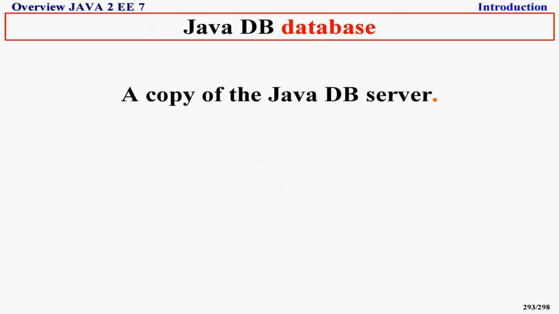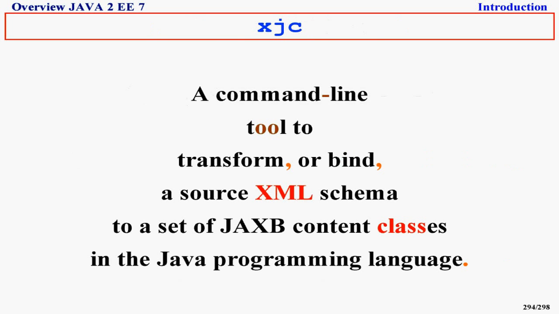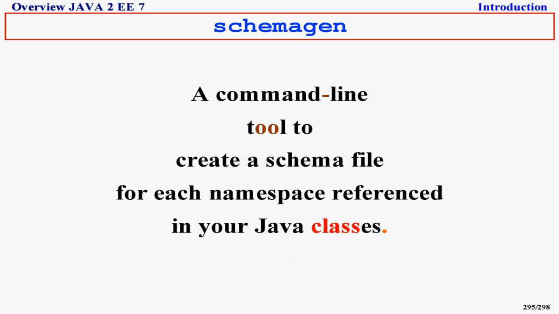Java DB database: a copy of the Java DB server. xjc: a command-line tool to transform, or bind, a source XML schema to a set of JAXB content classes in the Java programming language. schemagen: a command-line tool to create a schema file for each namespace referenced in your Java classes.